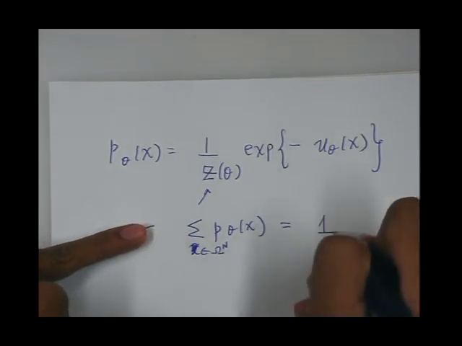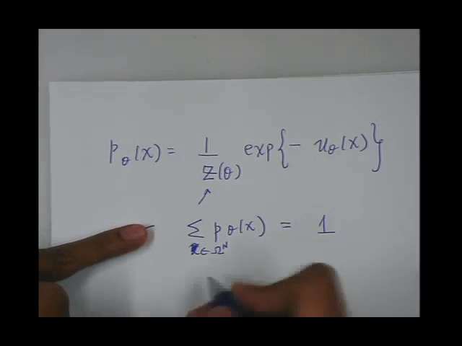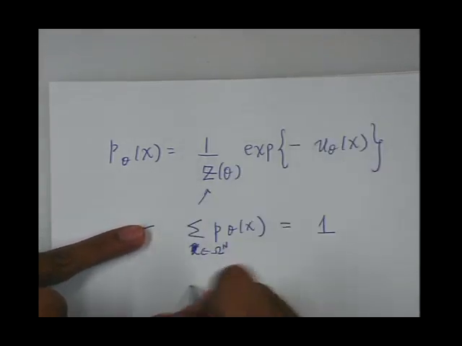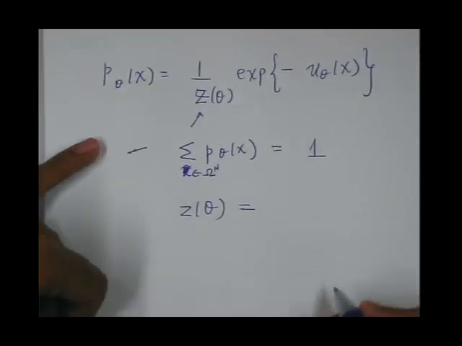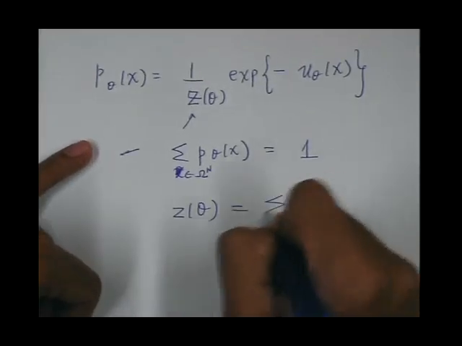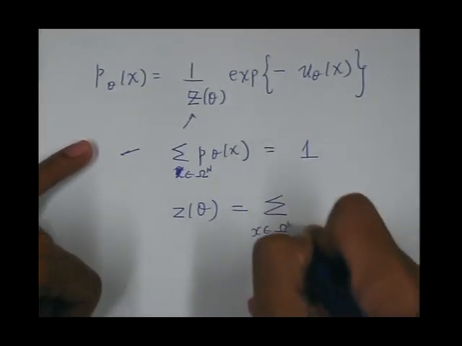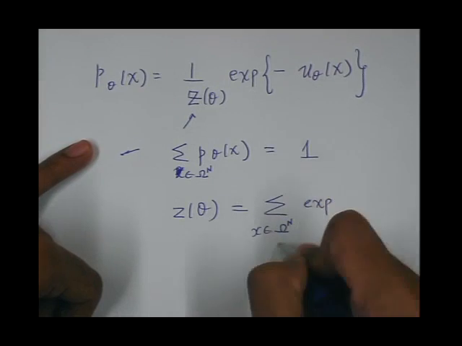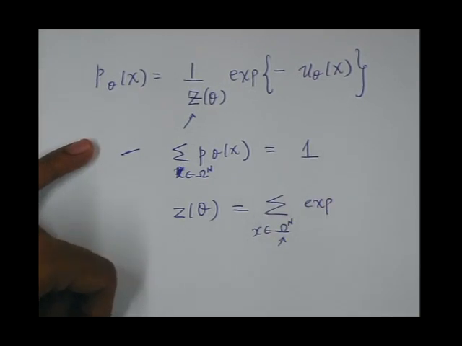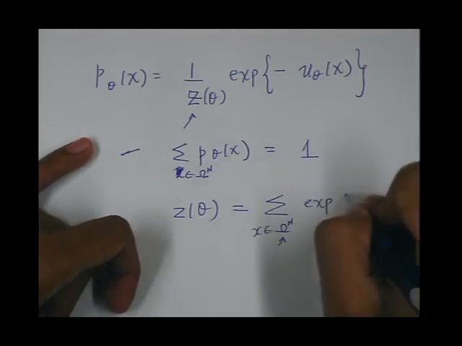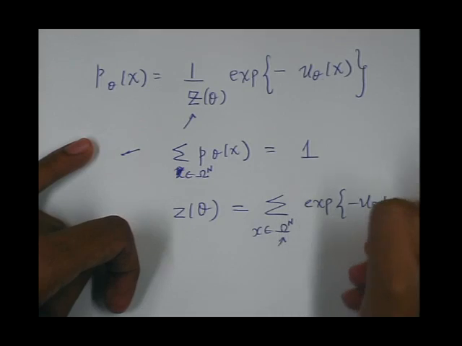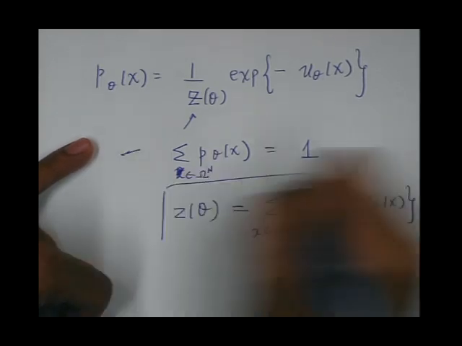And that should be equal to 1, right? Because it's a valid mass function. So you just plug into the expression, and what you really get is that Z of theta is equal to the sum over x belonging to omega to the power n, where omega is the set of values that a single pixel or a single random variable can take, and omega to the power n is all possibilities for all the pixels put together.